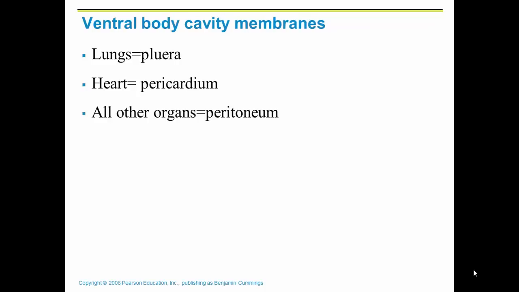The heart has a parietal pericardium and a visceral pericardium. And then in between those two, you have that serous fluid. And then all other organs that are in your abdominopelvic area are going to be covered by a membrane called a peritoneum. So for instance, your stomach would be covered with a parietal peritoneum and a visceral peritoneum.